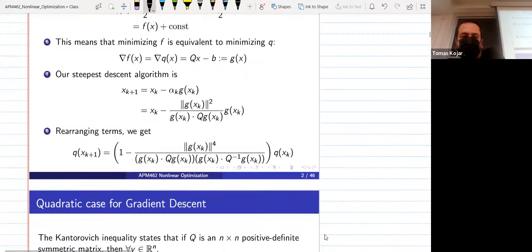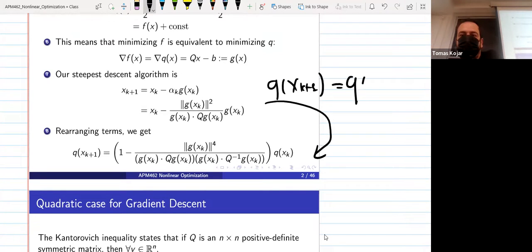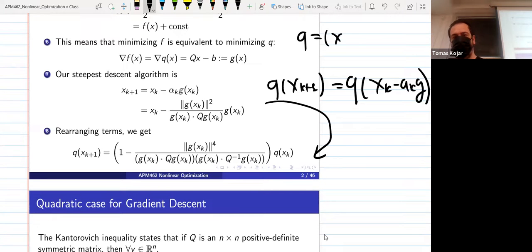This step might seem confusing, so let me explain. Here we evaluate q of xk plus 1, which is equal to q of xk minus ak g. And then you know what this q is. Q is of the form x minus x star, x minus x star.